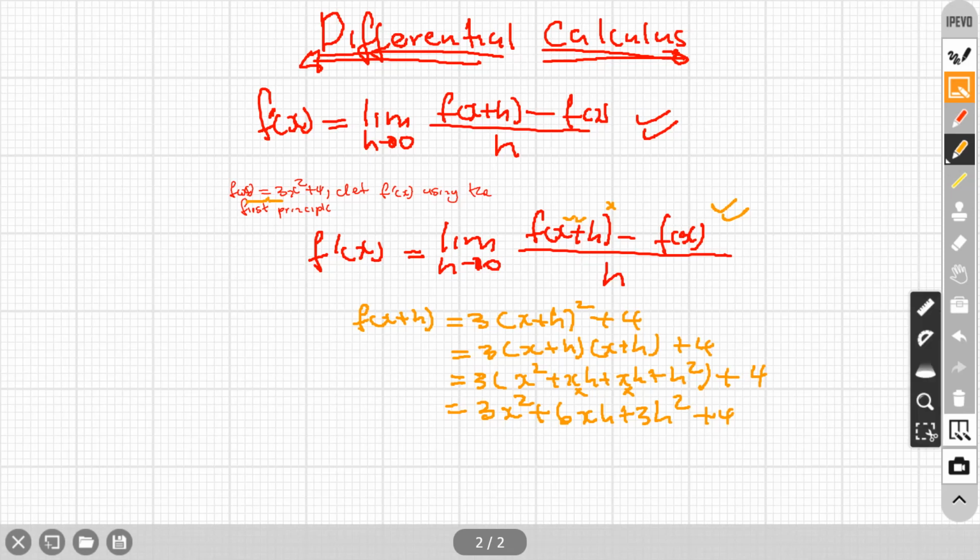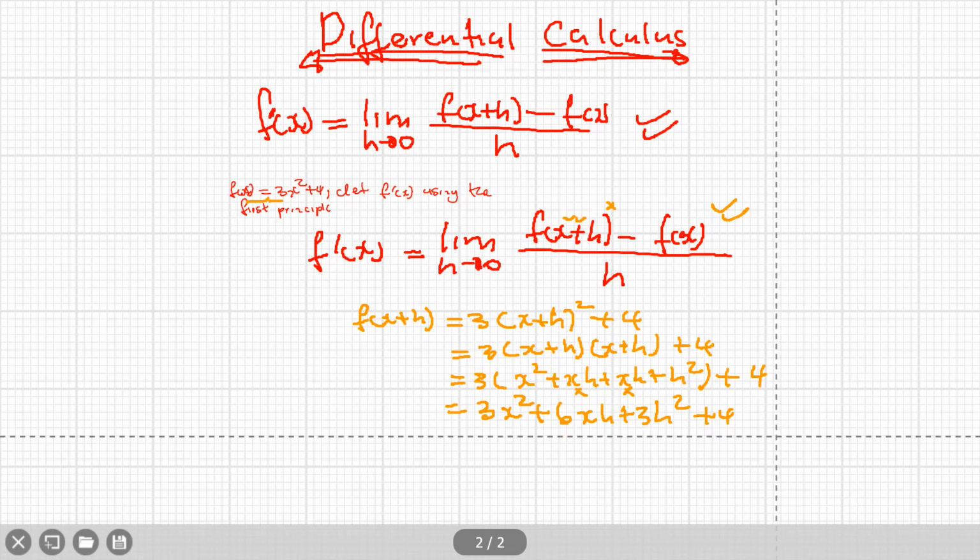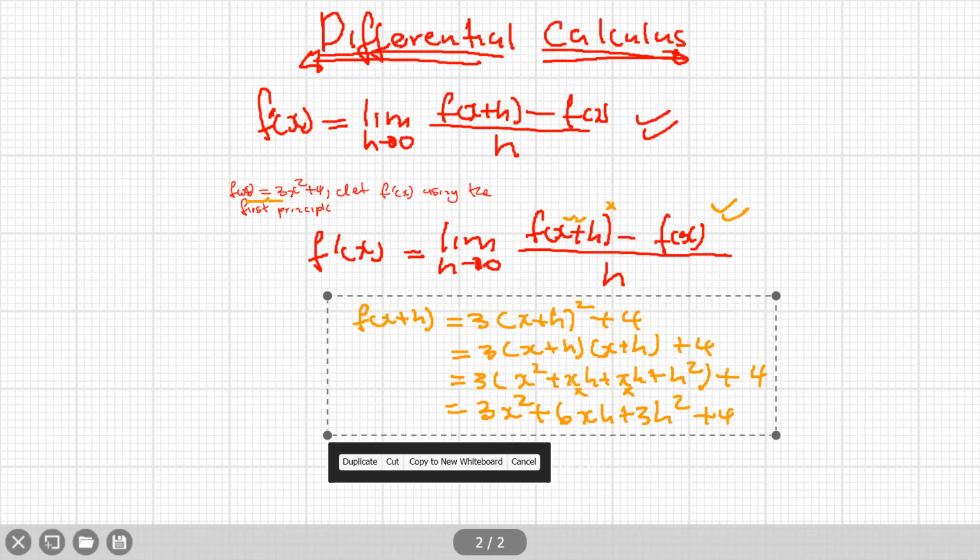Now that we have f of x plus h, we have everything we need to use the first principle.